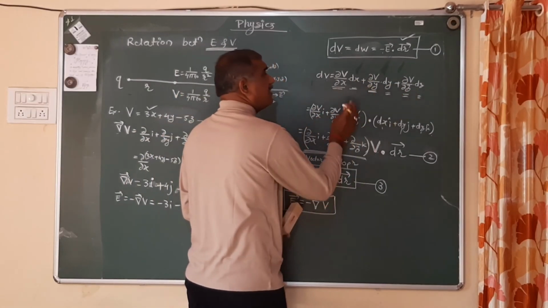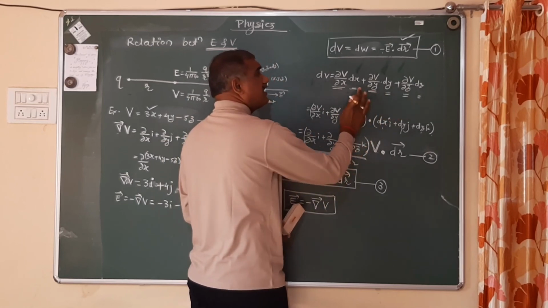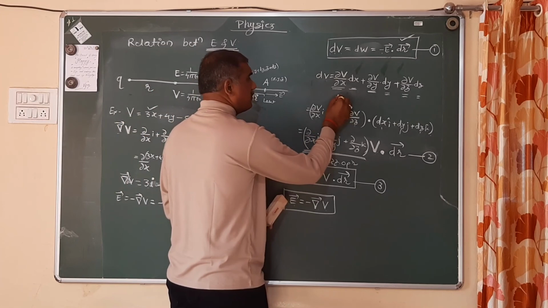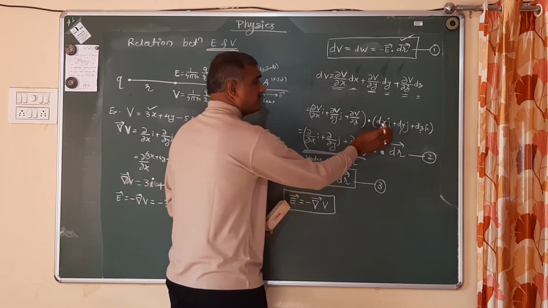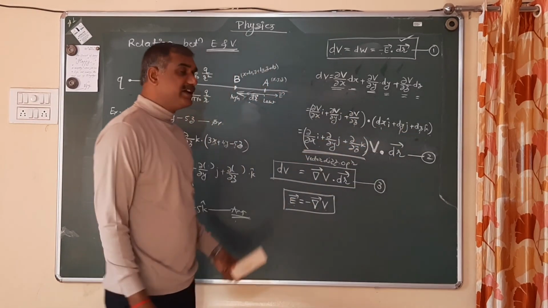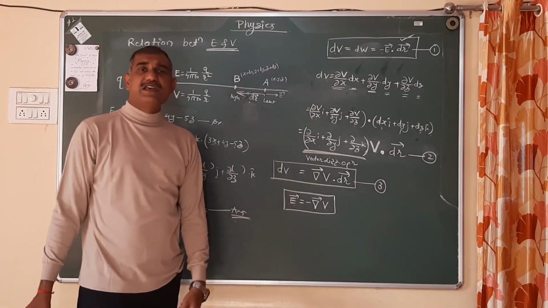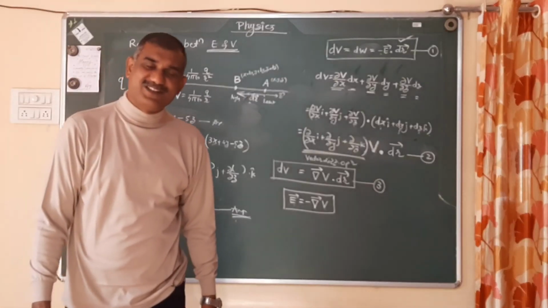This is a scalar quantity, but actually it is the dot product of two vectors: one vector is this much and the second vector is vector dr. You have to adjust this, and lastly you will get the expression vector E is equal to negative gradient of potential. Okay students.